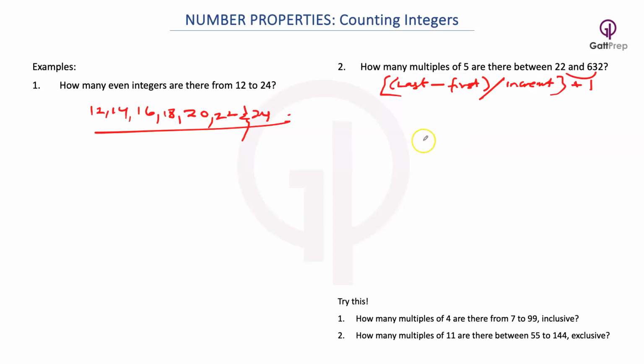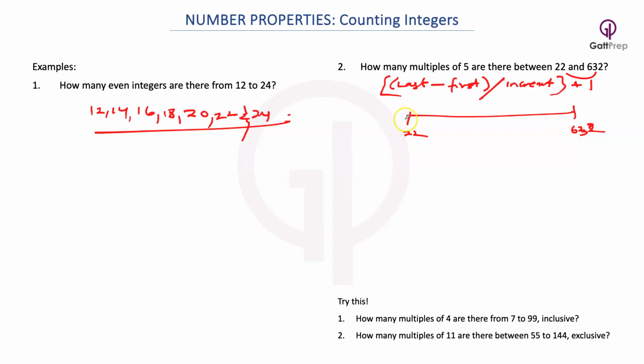So here in this example, because 22 and 632 are not multiples of 5, you need to find 2 numbers. If you put 22 and 632 on a number line, the first one is the closest multiple of 5 greater than 22, and the closest multiple of 5 less than 632.